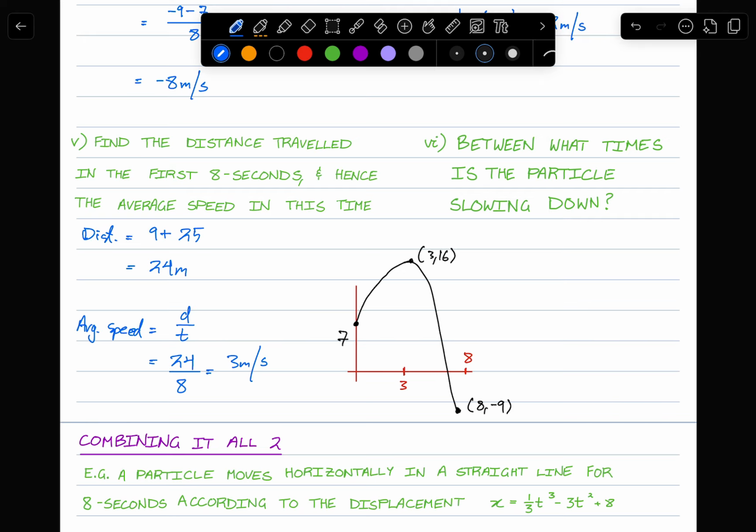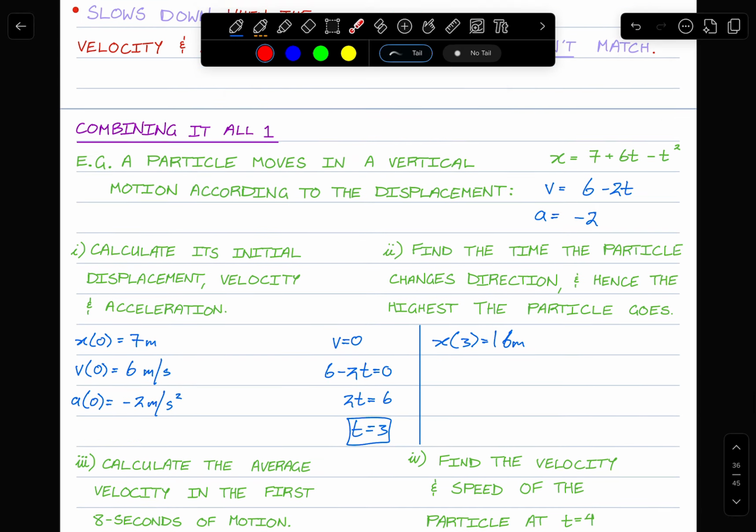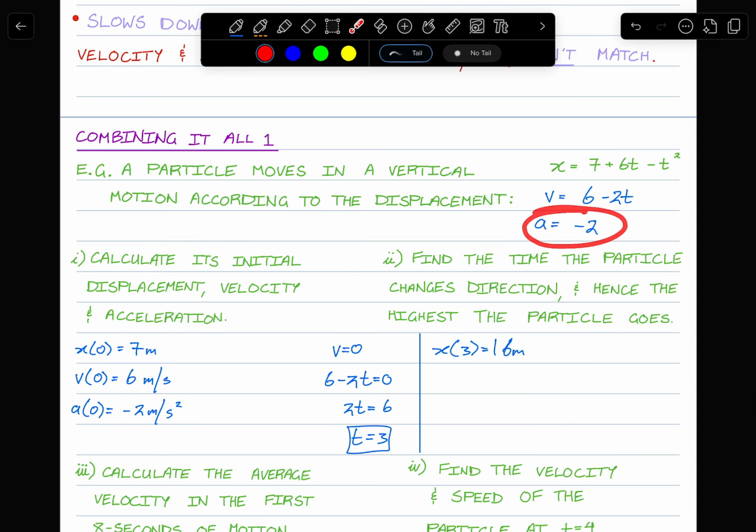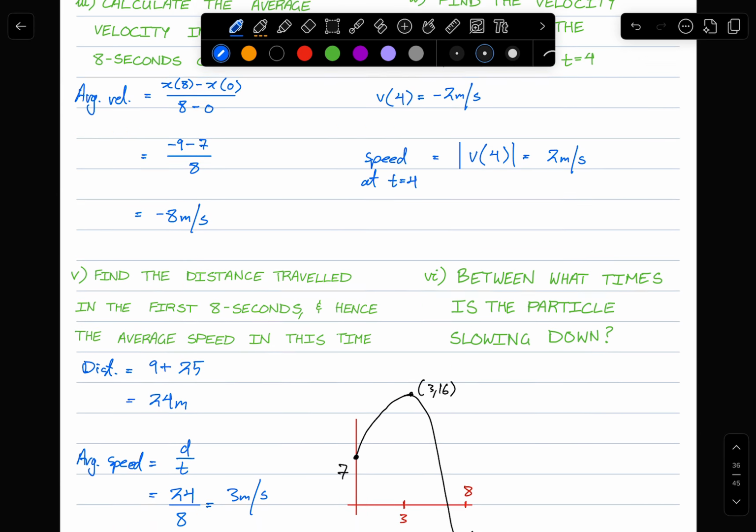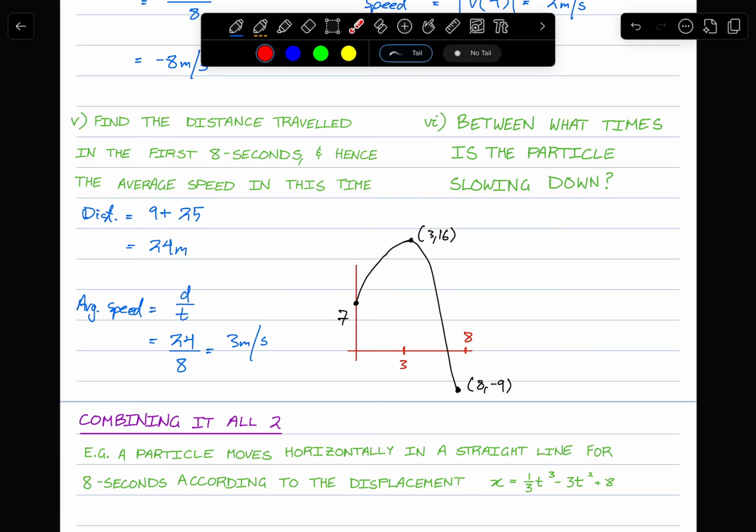And now it's saying, between what times is the particle slowing down? In this example, you can see that the acceleration is always negative. So we need to figure out when the velocity is positive. Because for slowing down, the velocity and acceleration have to be different signs.